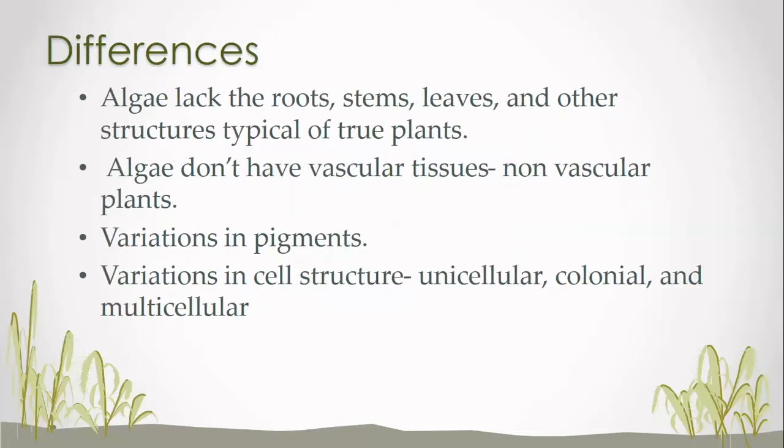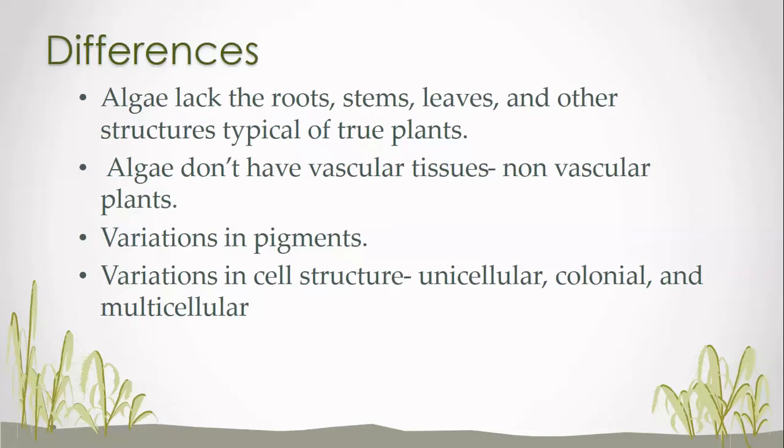Now, the difference between algae and plants. Okay. Algae lack root systems, at the same time stems and leaves and flowers. And also the tissue level, algae have a simple tissue level, while ang plant group have several tissue levels. So mas complex ang tissue levels ng plant kingdom.